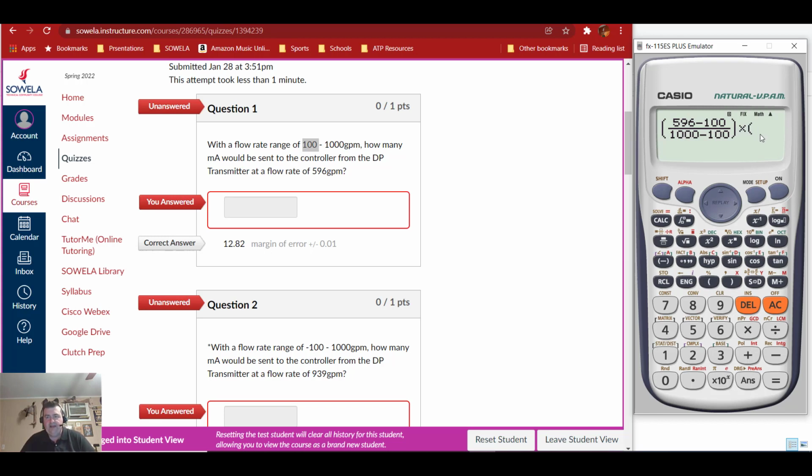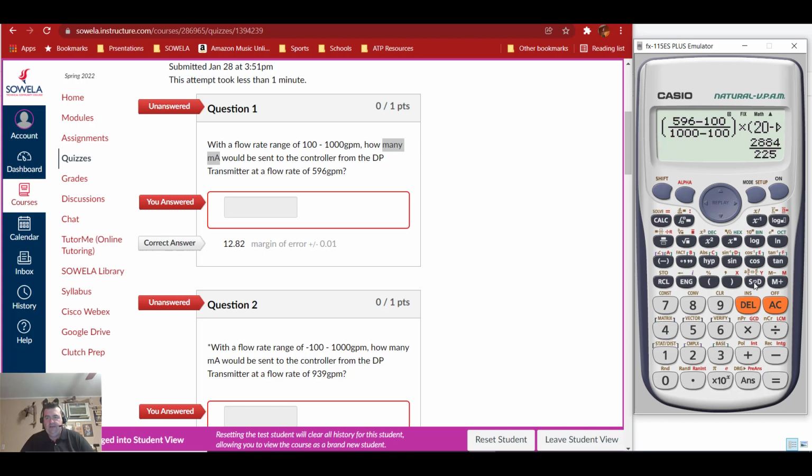Now we've moved to the right side of our multiplication sign, so we're going to put in the range of what we're looking for, and the standard milliamp range, as I said, is 4 to 20 milliamps. So we're going to put in the upper range value number 2 of 20, minus the lower range value number 4, close parentheses, plus lower range value number 2, which is 4.